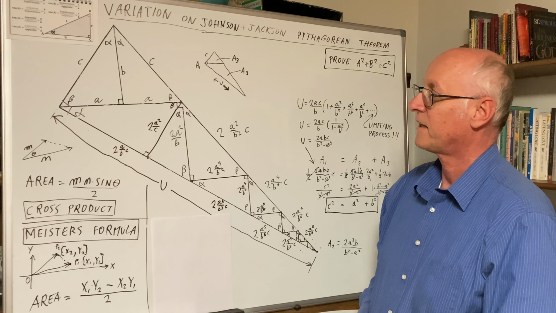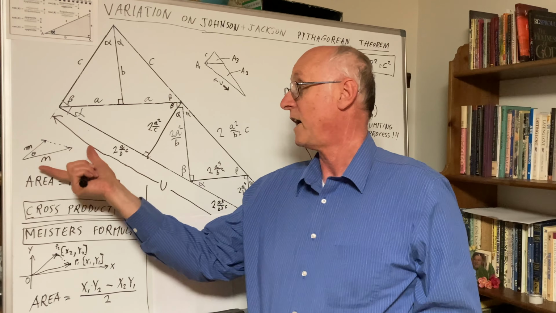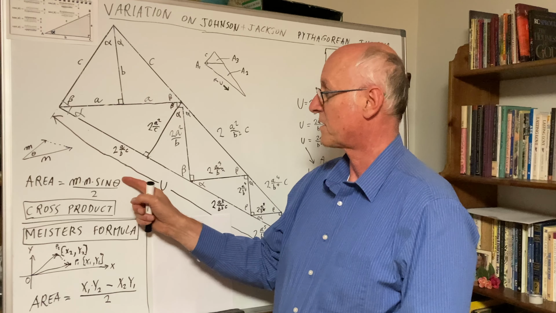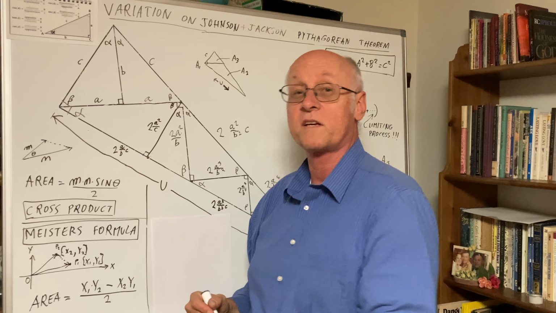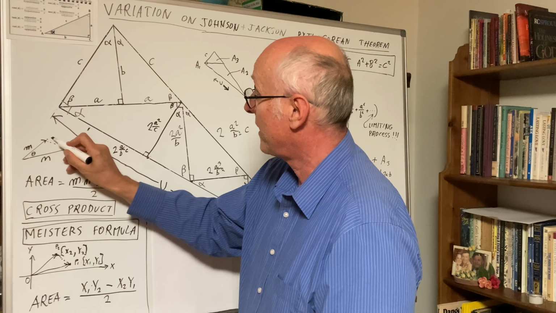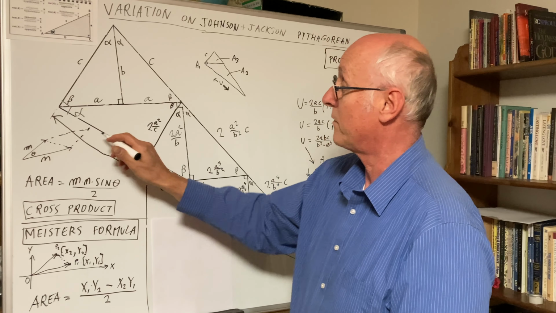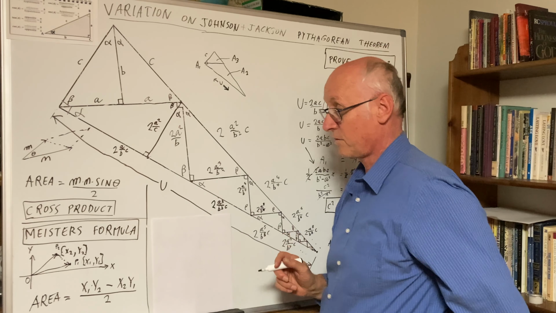Cross product is basically you have a distance m times n times sine theta of this theta, and of course 1/2 because this is a triangle. Otherwise you would be getting the area of this parallelogram. But we want only this one, so 1/2. That's what we need.